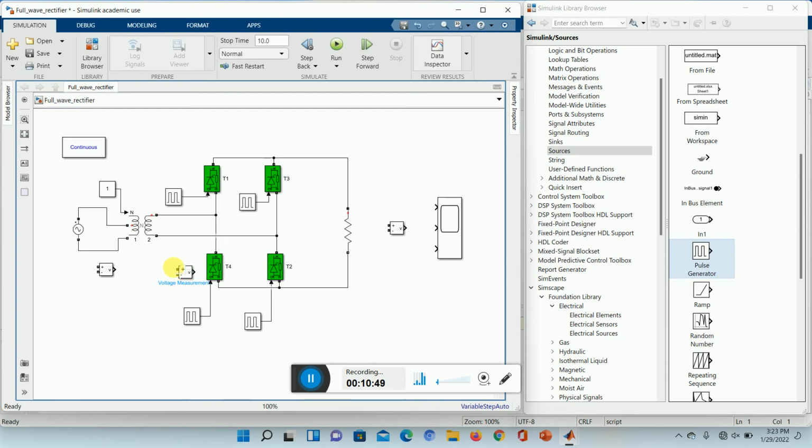Now this voltage source I have to connect. So we just connected all the voltage source.